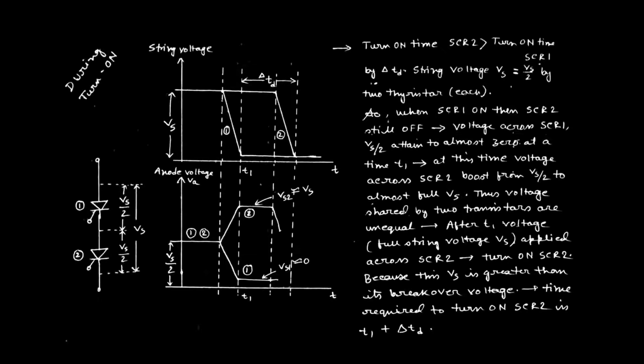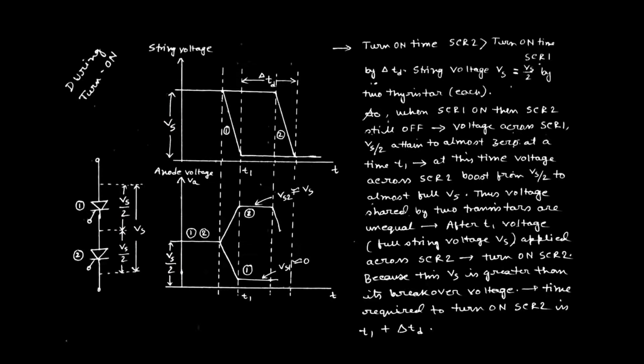Now see, we assume this is the string voltage Vs with respect to time axis, and this is the anode voltage of individual SCR with respect to time. So when the string voltage is Vs, the anode voltage of each SCR is Vs by 2, that means the total supply voltage is distributed throughout the two SCRs.